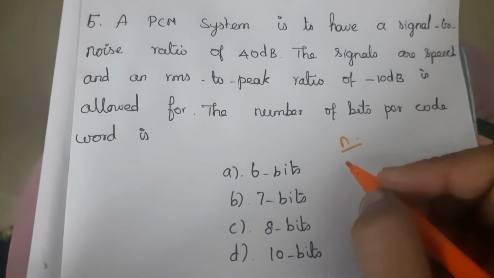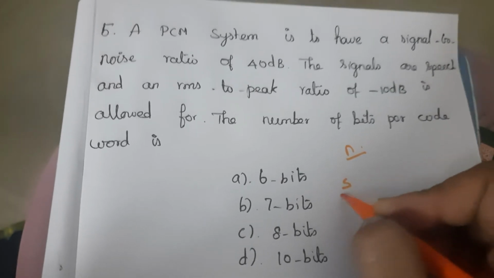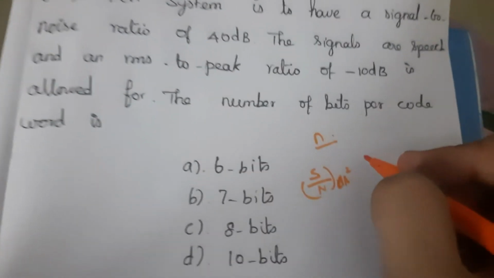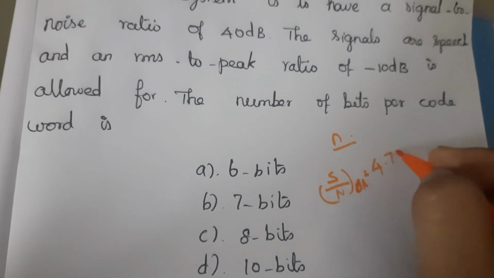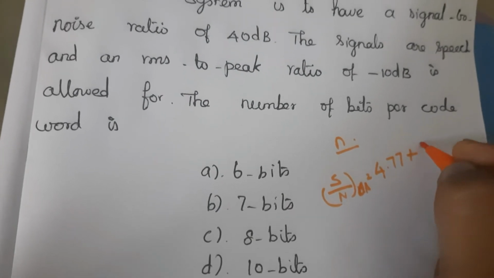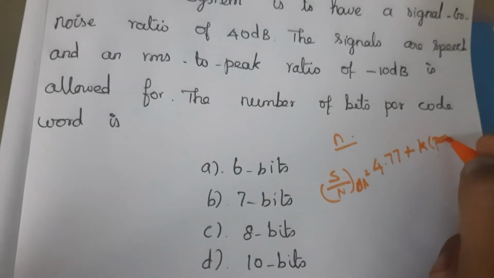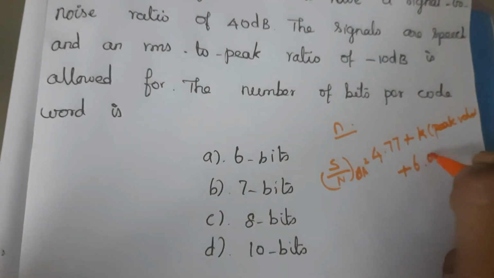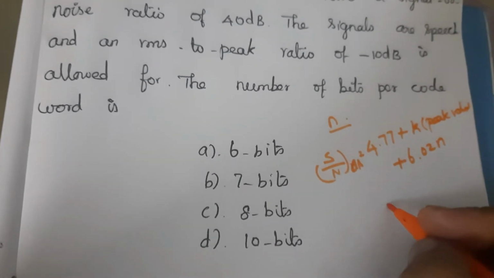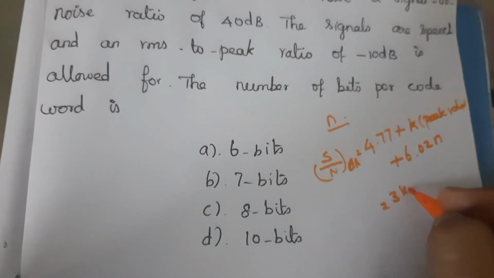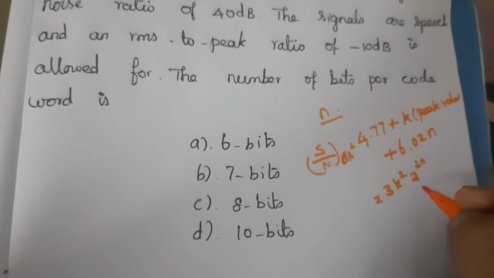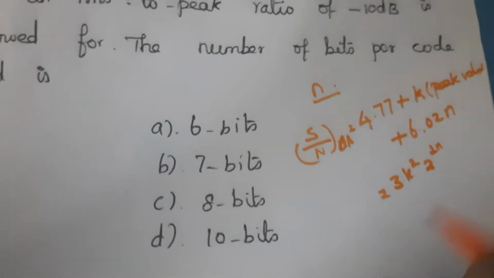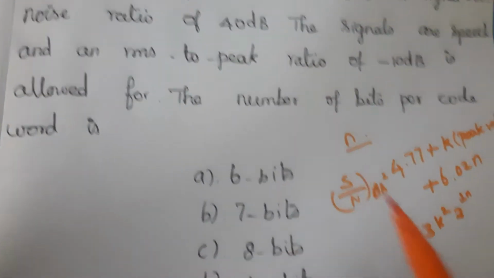The formula for signal to noise ratio in dB is equal to 4.77 plus K peak value plus 6.02 n, and this comes from 2 power n, and taking logarithm we will get this value. And we know the signal to noise ratio value, that is 40 dB.